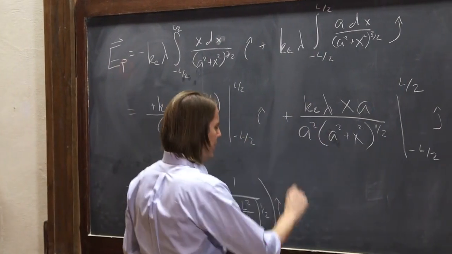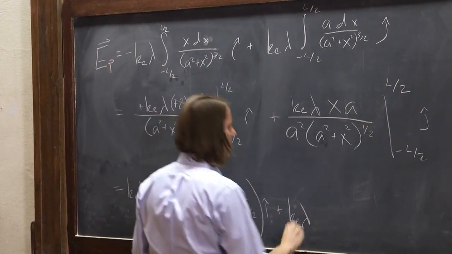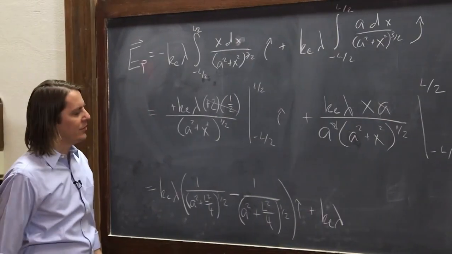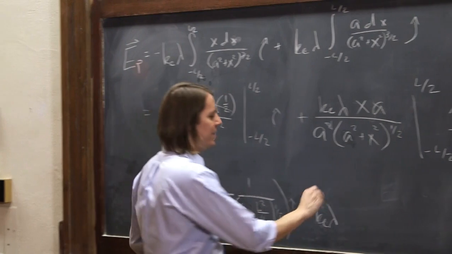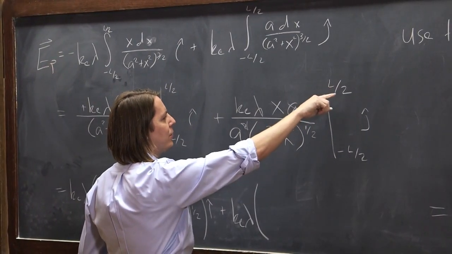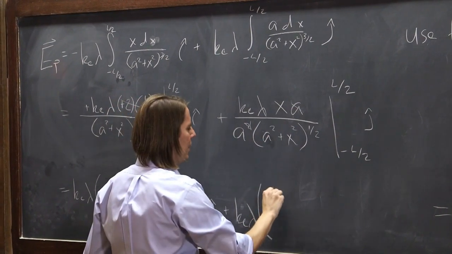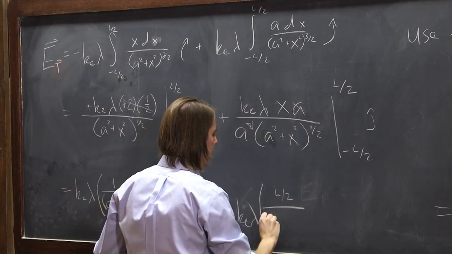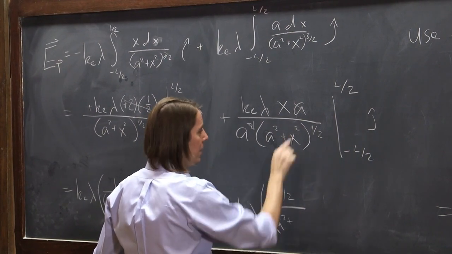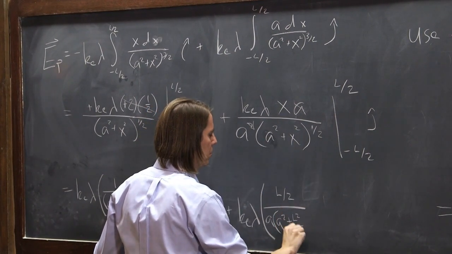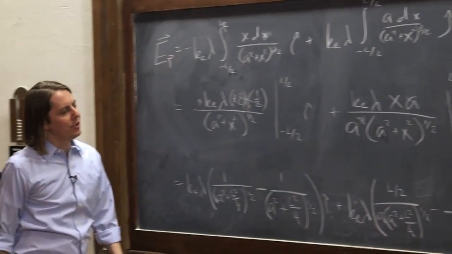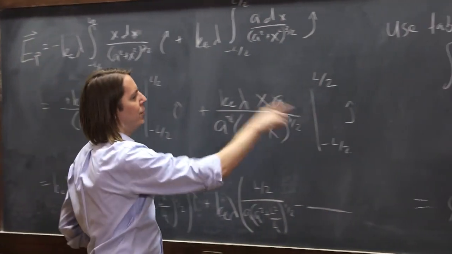Let's pull out the constants. Ke lambda. And actually you'll notice that this cancels one of those. So everything's going to be over a. I'll go ahead and leave it on the inside, though, just because I'm that kind of guy. And now we're going to plug in L over 2 into x. So it's going to be L over 2 over a times the square root of a squared plus L squared over 4, minus, and then we're going to plug in minus L over 2.